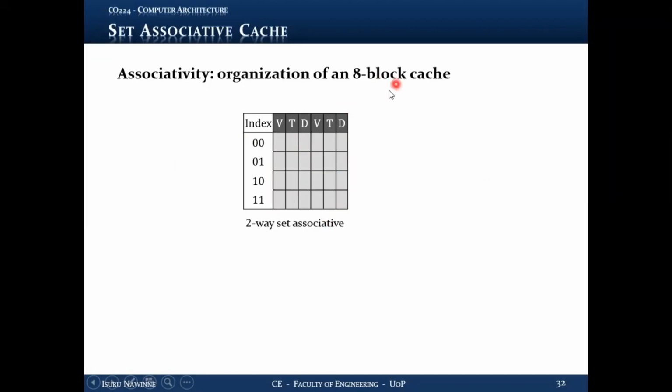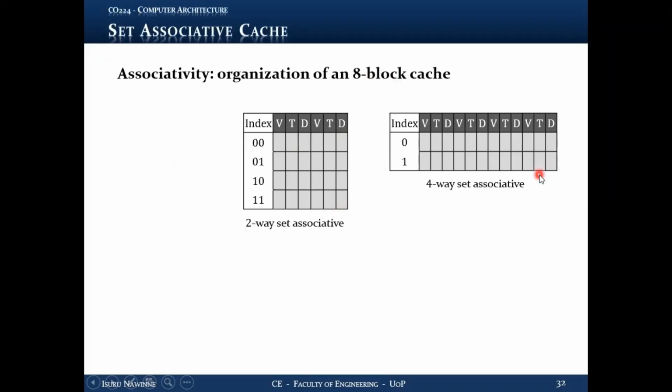Now, the same space can be organized as a four-way set associative cache as well, right? You still have 8 block space, but now each index can store 4 different blocks in 4 different ways, right? There are 4 different ways, 4 different sets of arrays. Each index can store 4 different data blocks, and you have 2 such entries here, right?